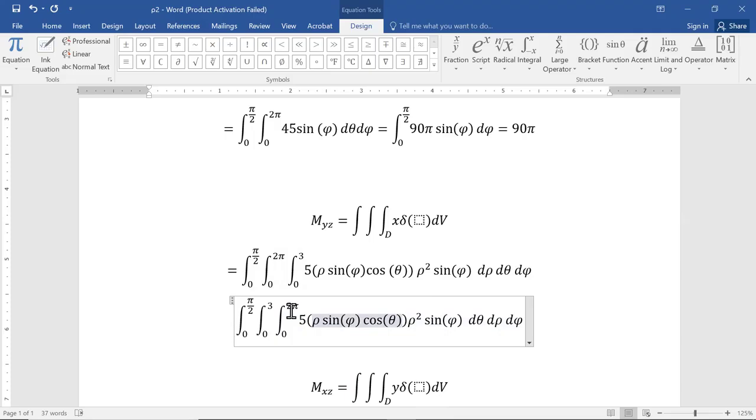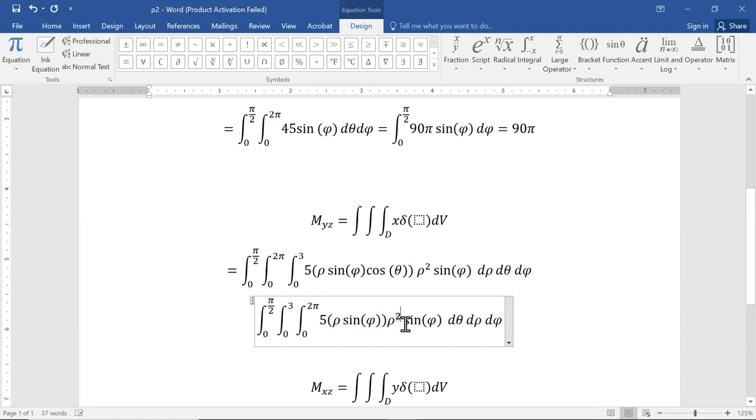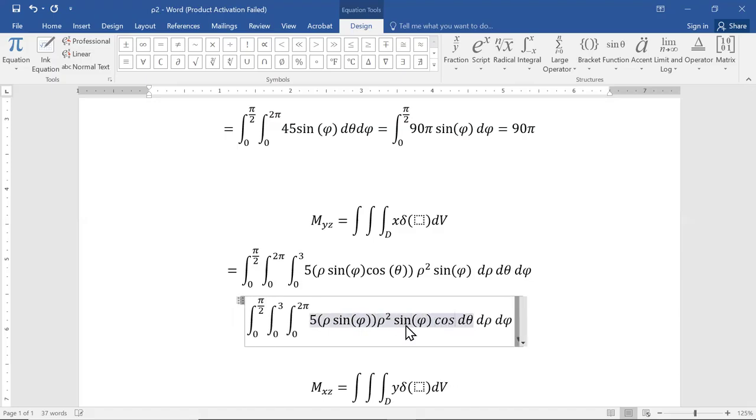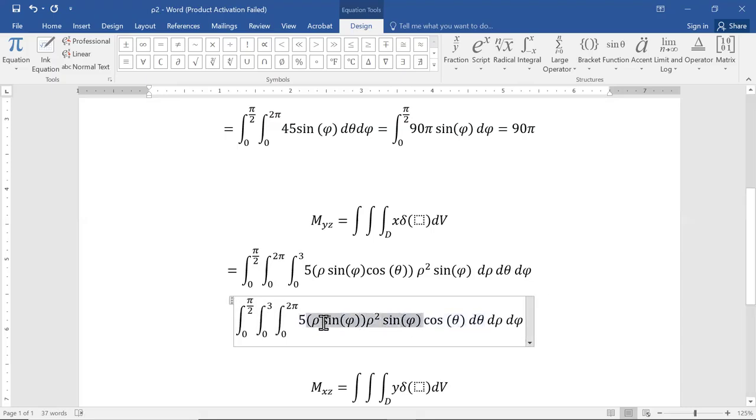The reason I wanted to do this is because I can take this cosine of theta and integrate with respect to theta from 0 to 2 pi, and all of this is just a constant: 5 times rho to the third, times sine squared of phi. So I guess I can clean that up a little bit.